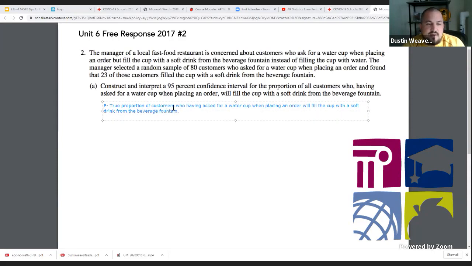Okay? So that's our parameter of interest. And again, our statistic P hat in this case is 23 out of 80. We can go to our calculator, and what do we have for 23 out of 80? That is our sample proportion.